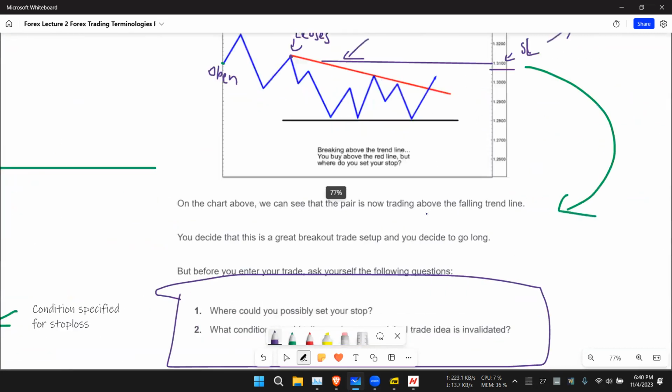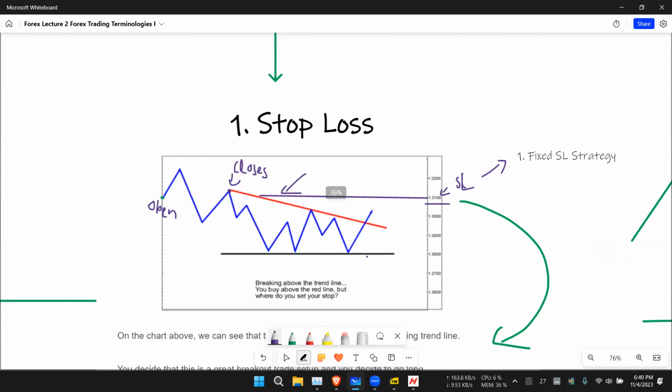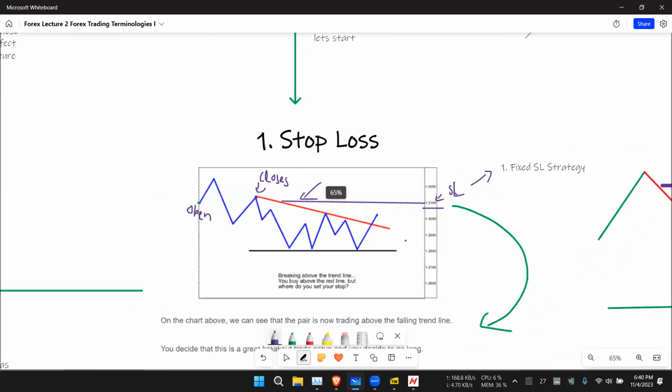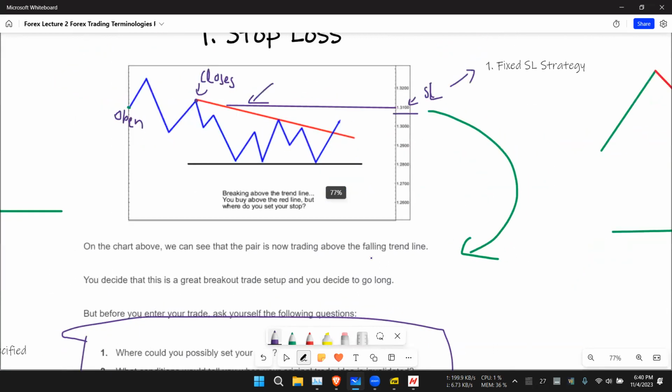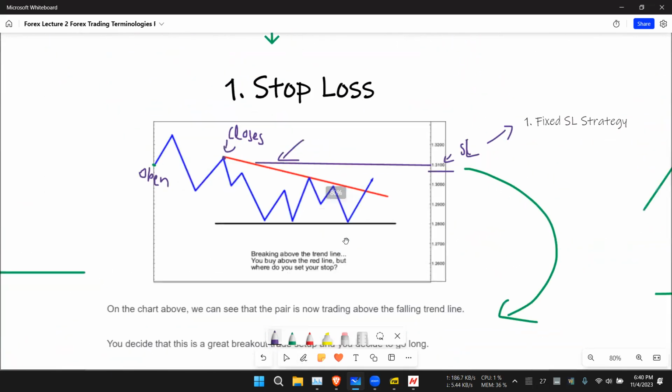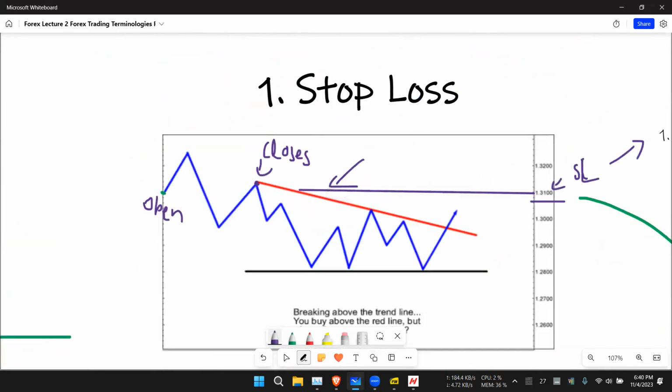Okay, let's jump back into this. The second strategy we are going to discuss is about another thing. Maybe we want a stop loss that happens because of some conditions.